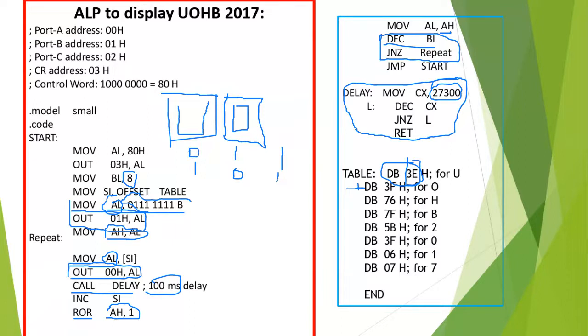The repeat label should be in this line here, because after the rotation of the bits, we have to send it to port B. Repeat is here. Is it clear? Do you get it? Repeat is here.